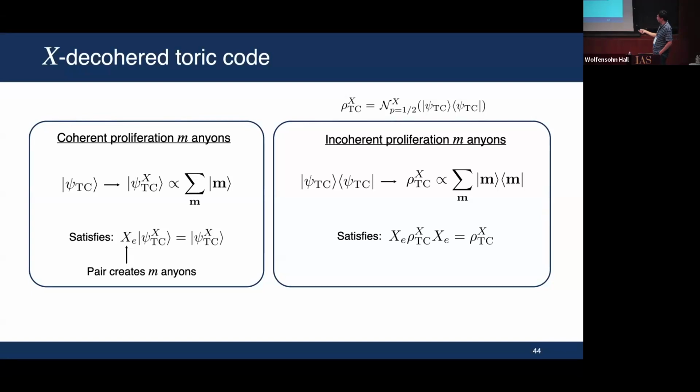If you stare at this state for some time, you realize it's a product state. Now, what happens at p equals 1/2 is that we are incoherently proliferating m anyons by making a convex sum of states with m excitations populated somewhere in all possible ways. So that's an incoherent proliferation, a representative state on the trivial side of the phase diagram.